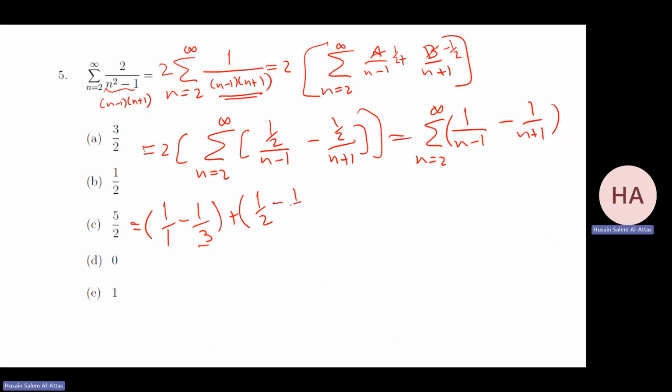Plus at n equals 4, that will be 1 over 3 minus 1 over 5, plus at n equals 5, that will be 1 over 4 minus 1 over 6. I notice they will cancel after 2 steps. By the way, this is Sk, or Sn, let me say.